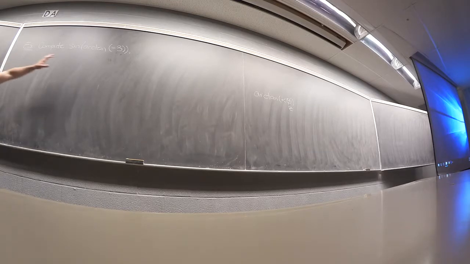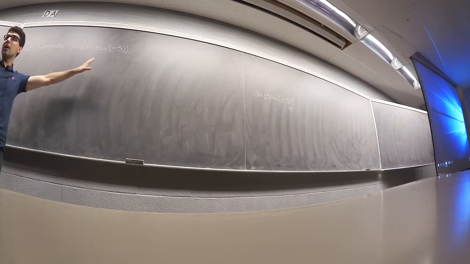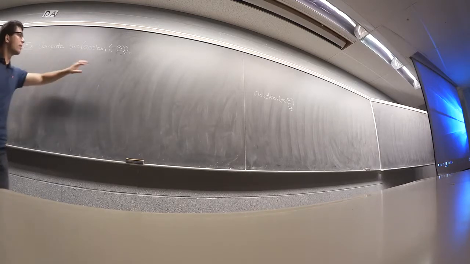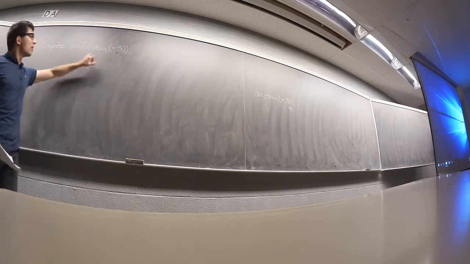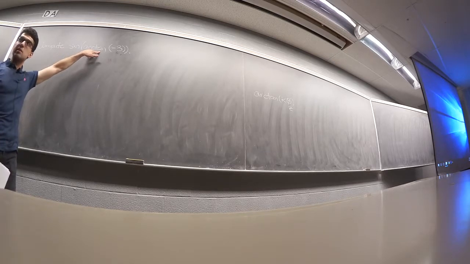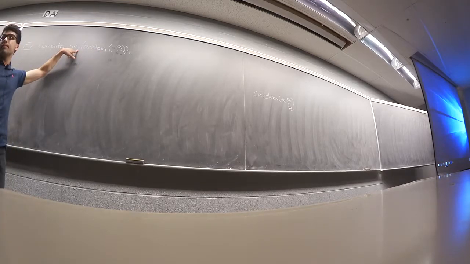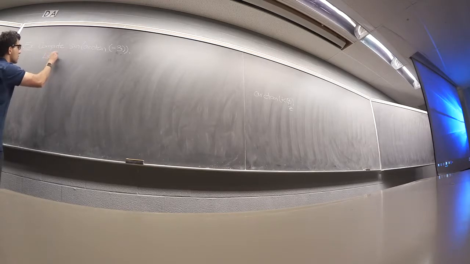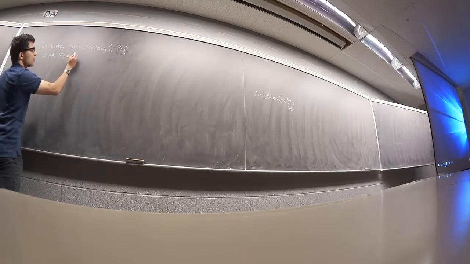This is an incredibly similar problem, it just doesn't show all of that. You should be able to read this and realize this is exactly the same kind of problem. I've given you the tangent of something. This implies an interval in which that angle has to be, and I'm asking for the sine of that angle. So here we go. Let theta be this thing. Let theta be that angle.